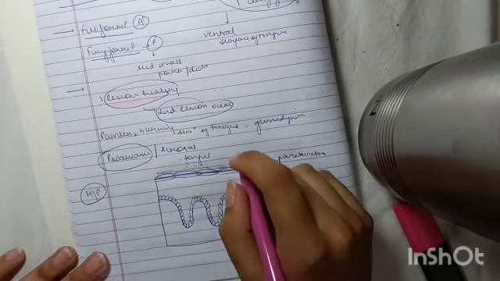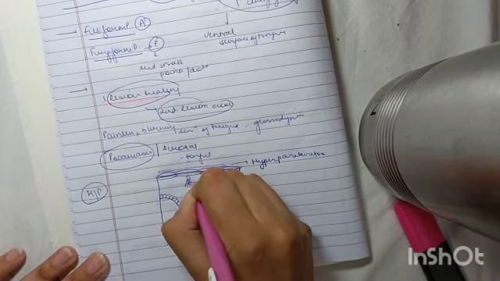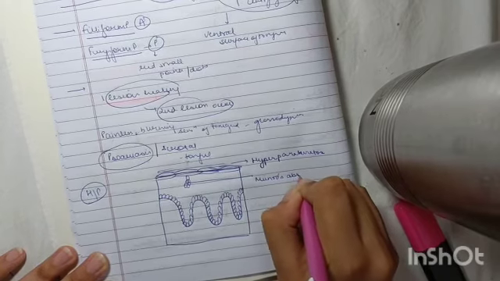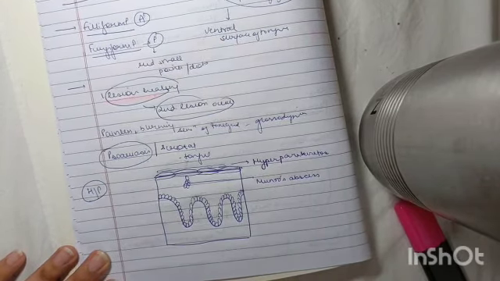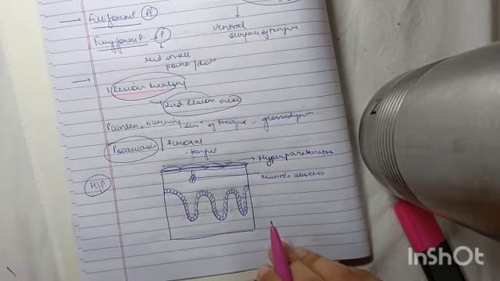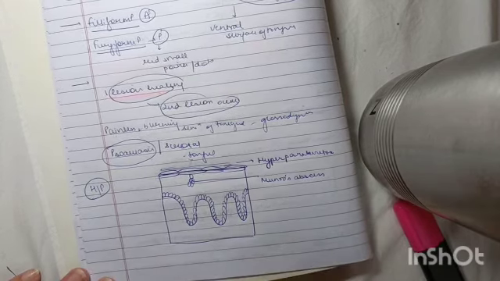Then we will see Munro's abscess. Now, what is Munro's abscess? This is also seen in one more pathology in skin. I think it is seen in pemphigus, I guess so. No, it is seen in, I think, erythema multiforme or scleroderma. Yeah, so we'll just confirm it later.